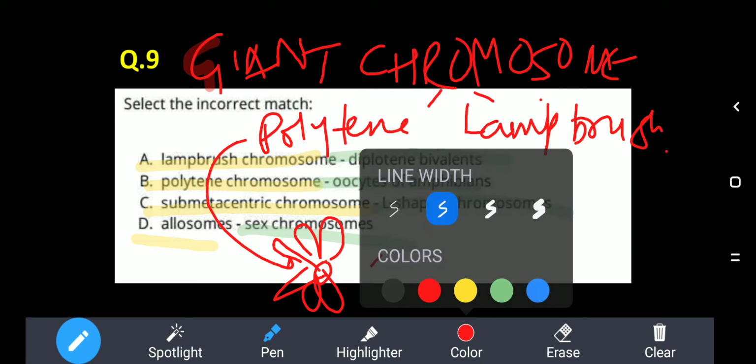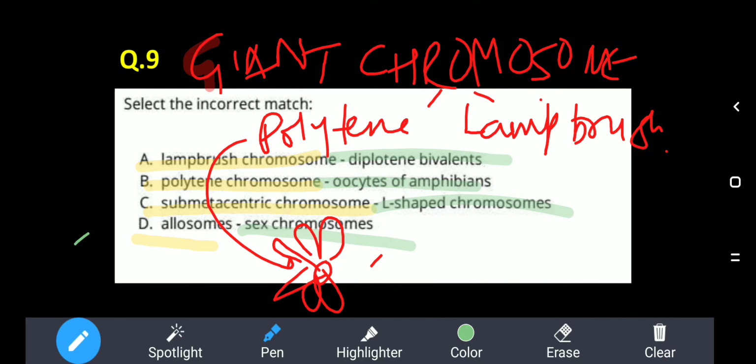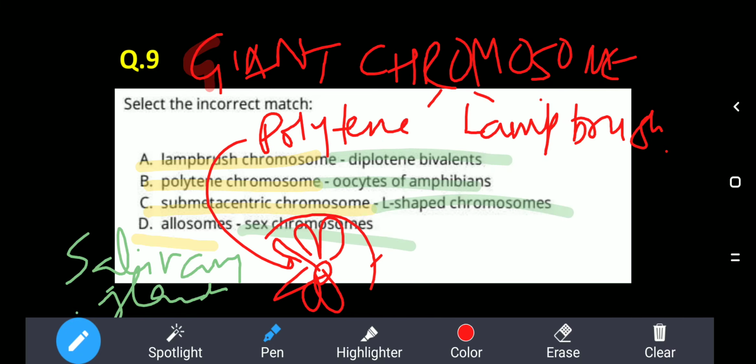This polytene chromosome is present in the salivary glands of Drosophila, the fruit fly. In this the chromosome replicates but does not get separated, and they're rich in DNA, because a lot of DNA is present in here.